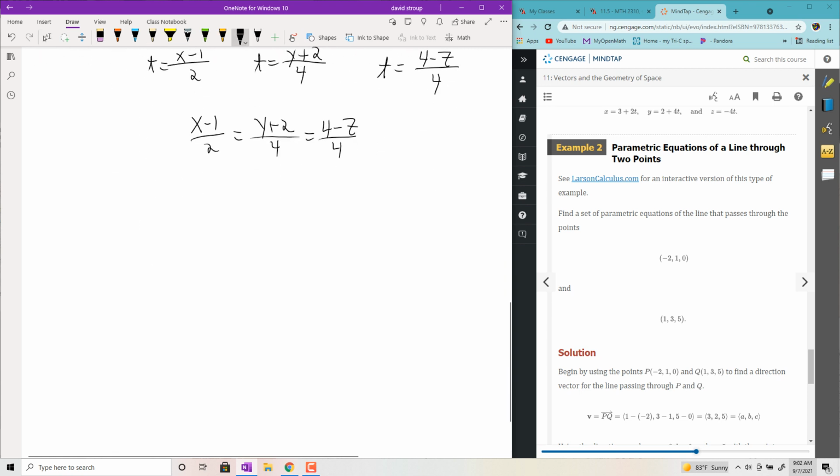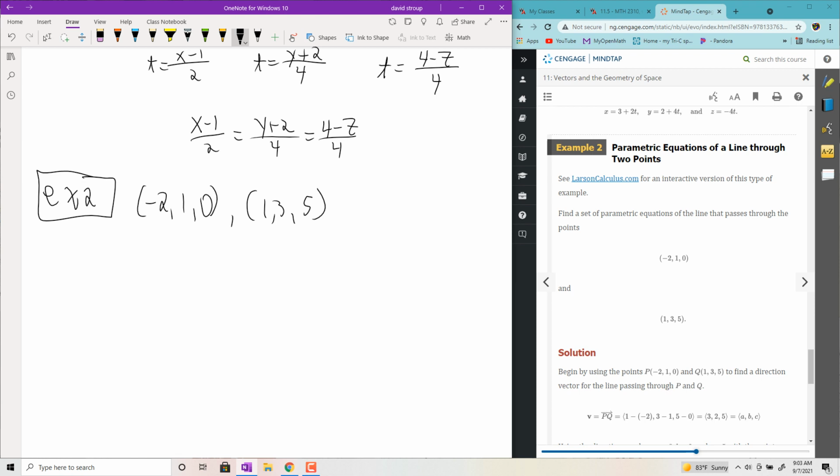So example 2, they're going to give you 2 points and you have to find the equation of a line, right? So they give you -2, 1, 0, and then they give you 1, 3, 5. So very simply, you already have a point, you just need the quote-unquote slope. To get the slope, or in other words, the directional vector, you just make a vector out of these 2 points.